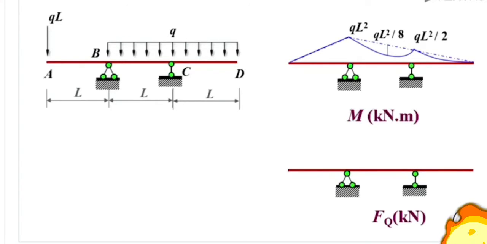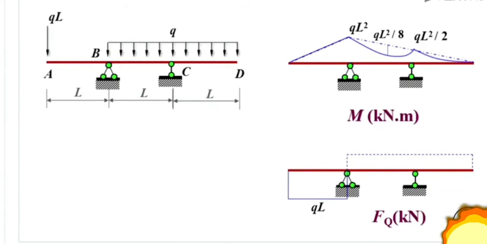The slope of the bending moment diagram is equal to QL squared over L, so that's QL, negative. For the BCD part, this dashed line's slope is equal to QL squared over 2L, so that's positive half of QL. Then we take this dashed line as a baseline.